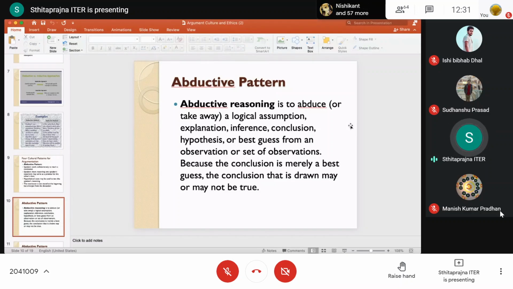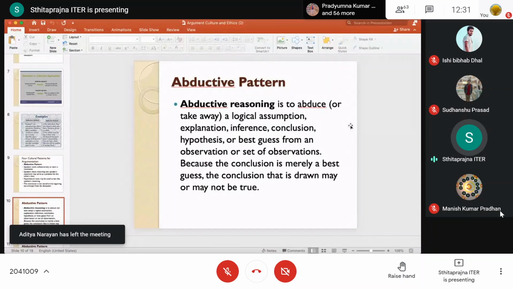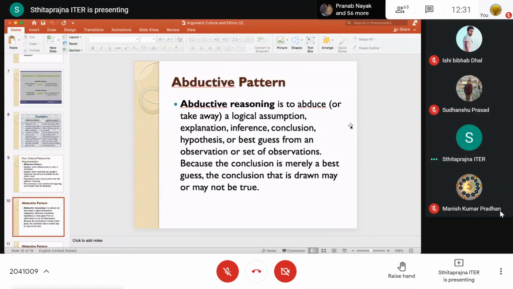So the conclusion from abductive reasoning could be true or may not be true, because it is drawn from the best guess or a hypothesis. You need to verify it further to check whether it's true or not. Now let's look at this example.